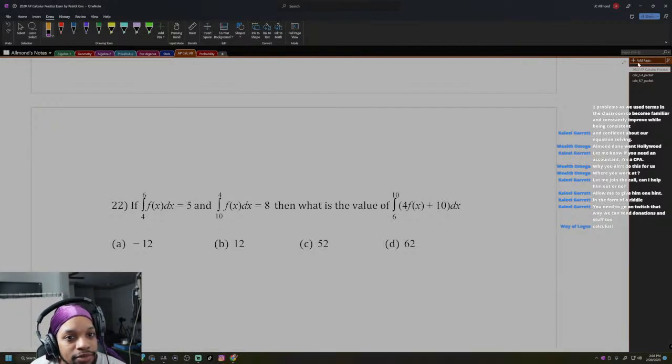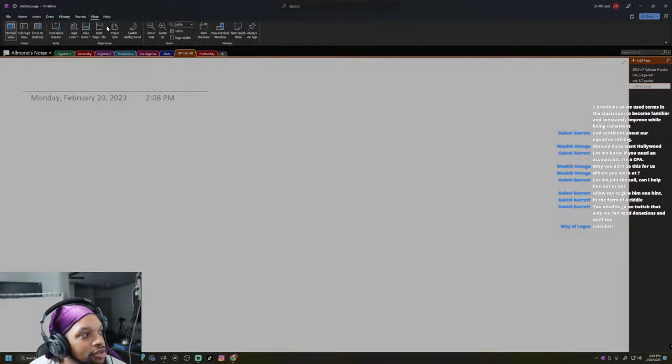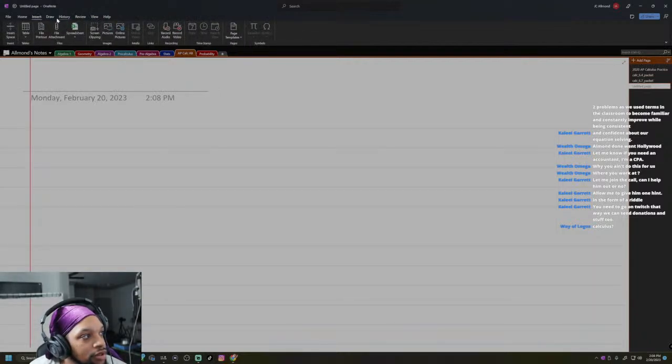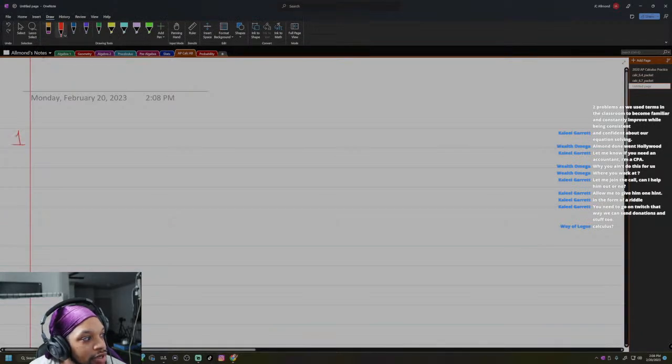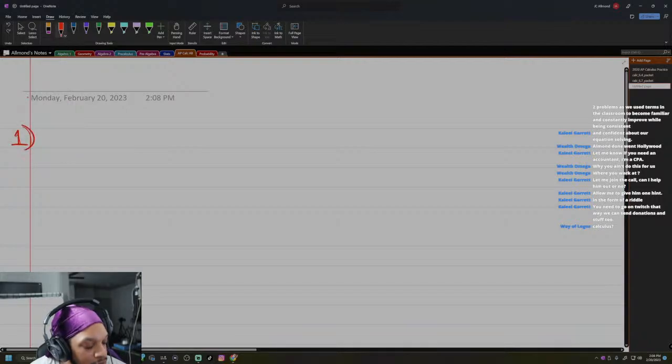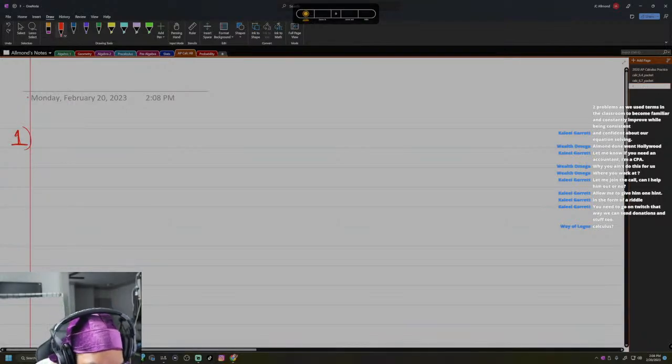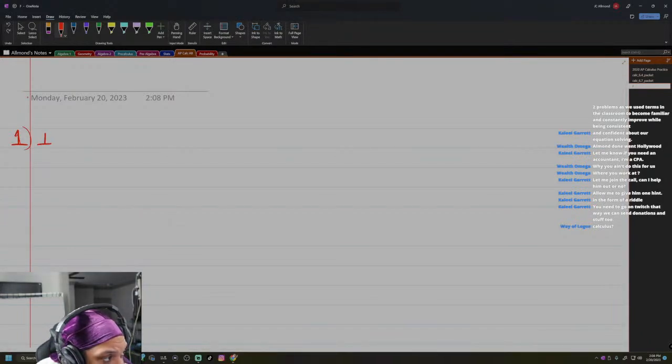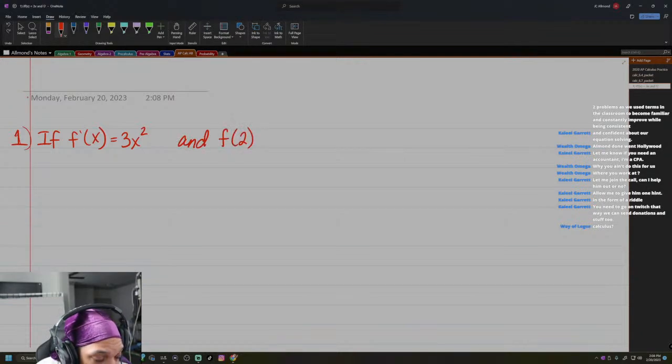All right, so look, we'll just add a page. Okay, so the question went as follows. It says if f prime of x equals 3x squared, and f of 2 equals 3, then f of 1 equals what?